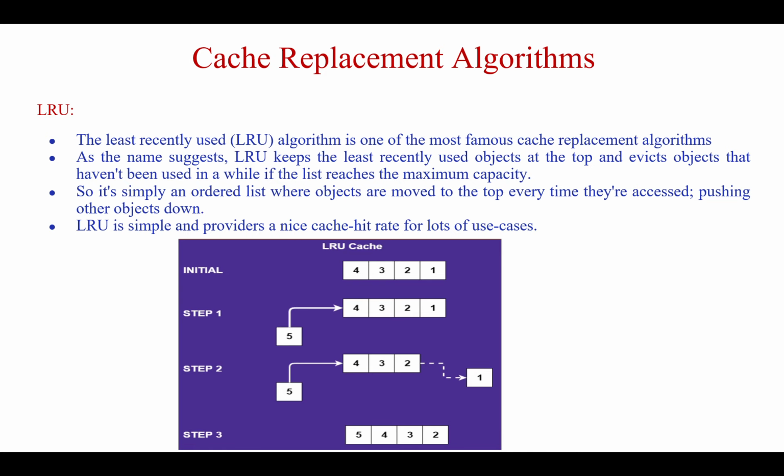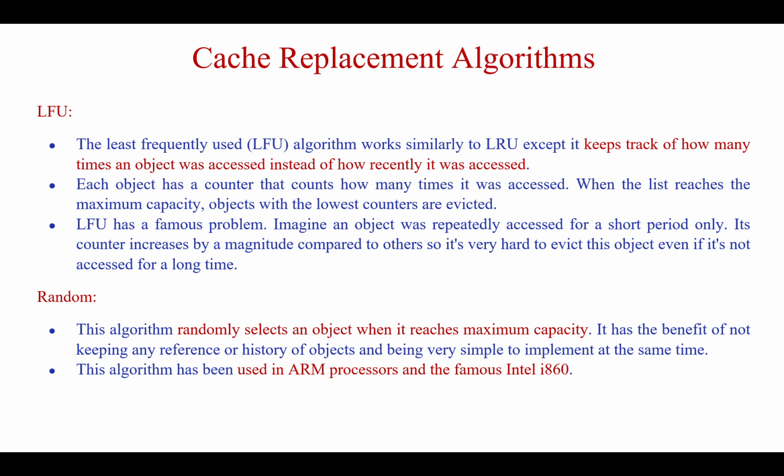For example, initially we have 4, 3, 2, 1, and newly 5 is entering. We need to check in this 4, 3, 2, 1 which is the least recently used. Assume that 1 is the least recently used, then we are going to replace the 1 and add the 5 into the memory. This is the least recently used.